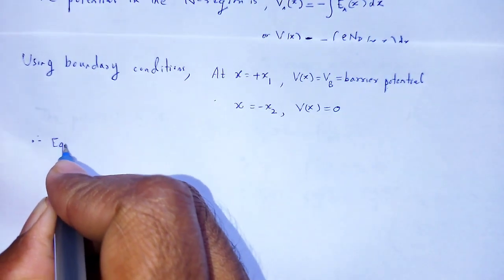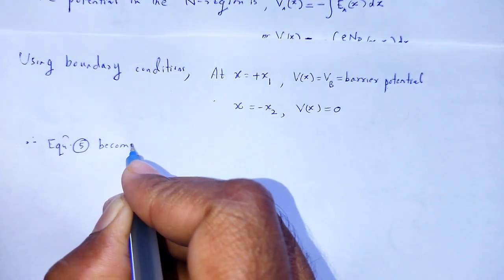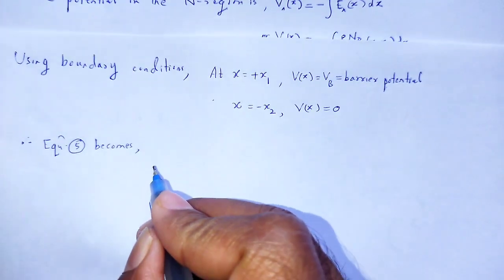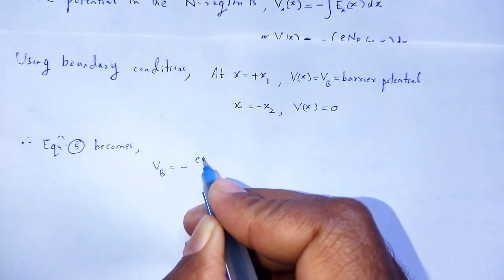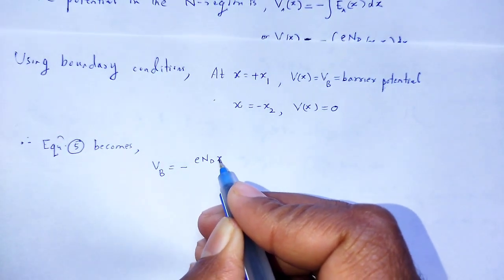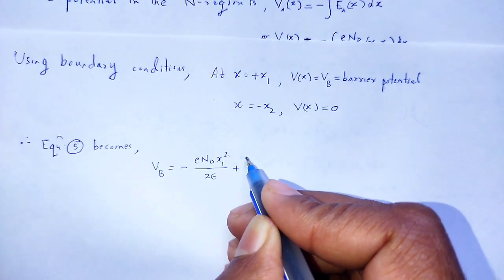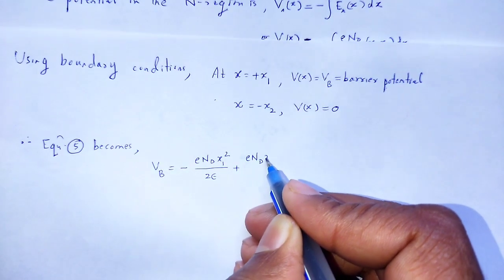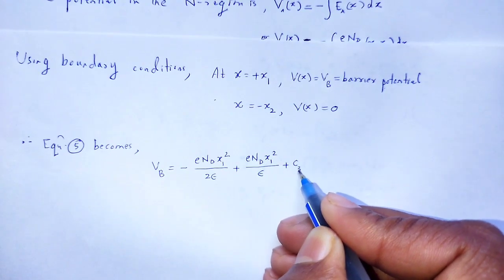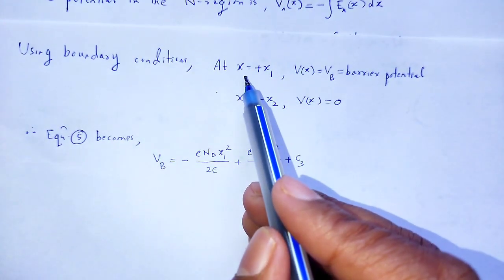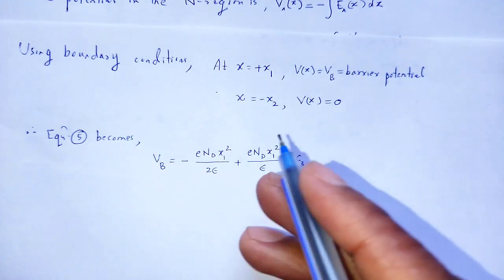Therefore, equation 5 becomes Vb is equal to minus q N d x1 square divided by 2 epsilon plus q N d x1 square divided by epsilon plus C3. Use that boundary condition as x is equal to x1, V of x is equal to Vb.